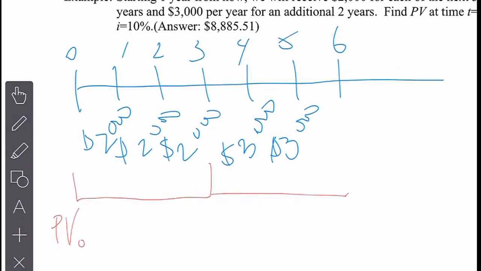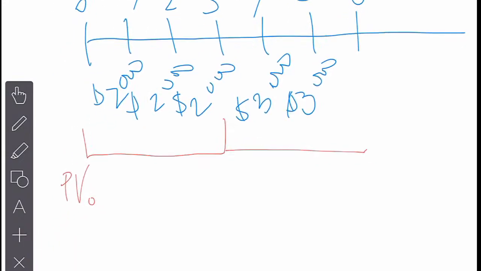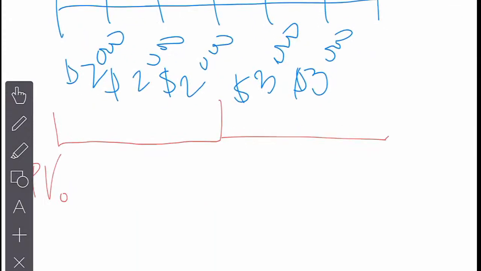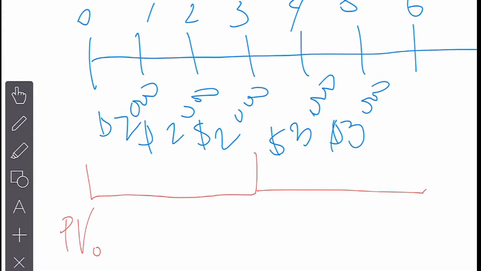So, you know, an annuity, you can buy an annuity, pay something today to receive something later. So here it comes back at you, $2,000 for 3 years, which you can calculate. We'll call this part A. And then there's $3,000 for 2 years. So 1 period before that, part B is at time 3.